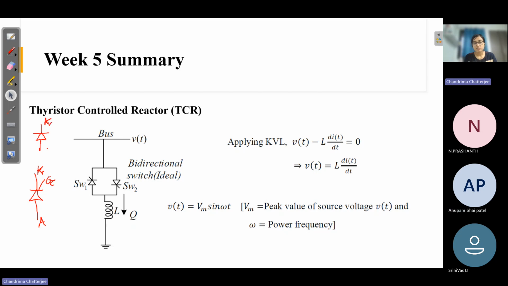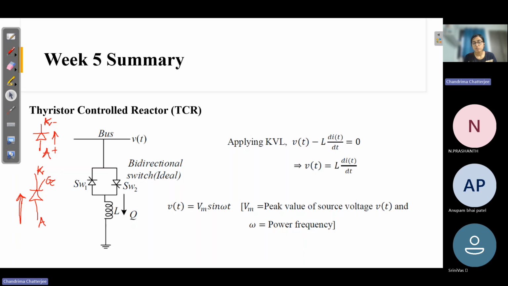And when does a diode conduct? When it is forward biased, that is, when the anode potential is positive with respect to the cathode potential, then the diode will conduct in this direction. For a thyristor also, there is an anode terminal and a cathode terminal, and the current flows from anode towards cathode. But there is a catch, and the catch is this third terminal, which is the gate terminal.